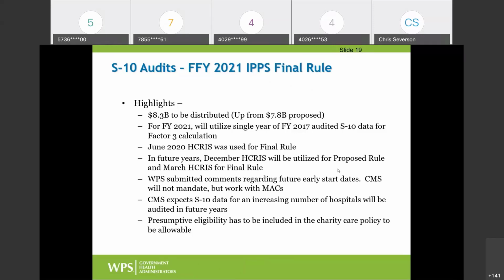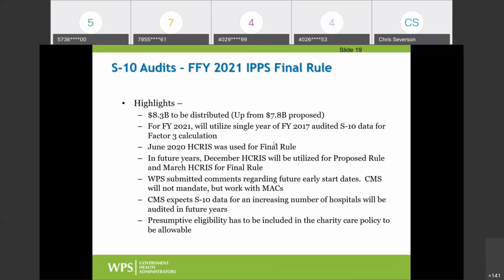The estimate was that the number of uninsured patients that this was supposed to help fund would continue to drop, in part due to the Affordable Care Act and some of the other changes. But of course, when you have things like COVID-19 going on, that assumption may not hold as true as CMS initially thought. That's one of the reasons that led to that increase here.